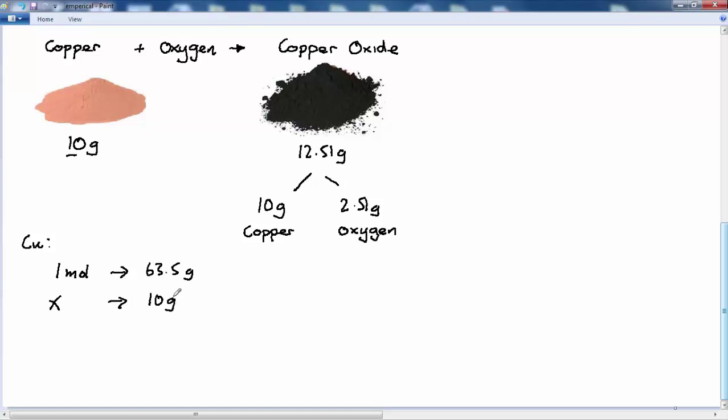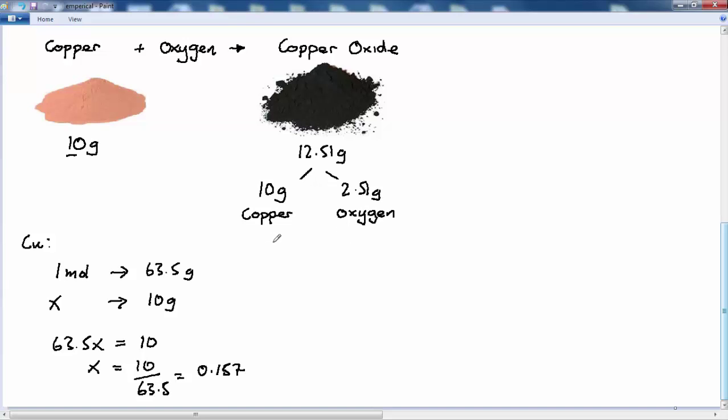That's the mass of copper that we've got present in this powder. We cross multiply and that gives us 63.5x is equal to 10, which gives us x is equal to 10 divided by 63.5, which is equal to 0.157.